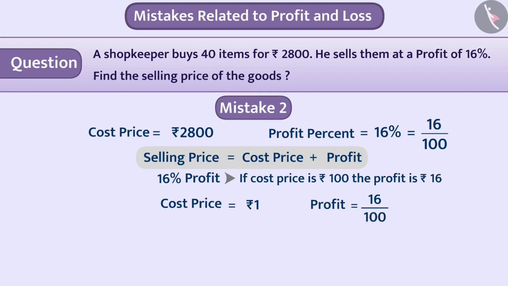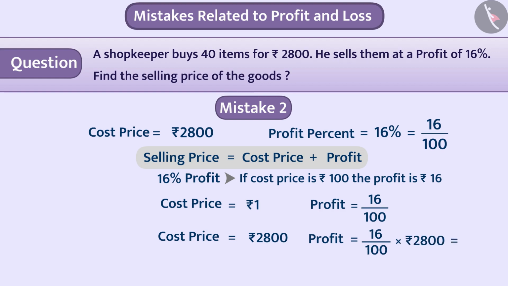In this way, when the cost price is 2800 rupees, then the profit will be rupees 16 divided by 100 multiplied by 2800, that is 448 rupees. Hence, the selling price will be 2800 rupees plus 448 rupees is equal to 3248 rupees.